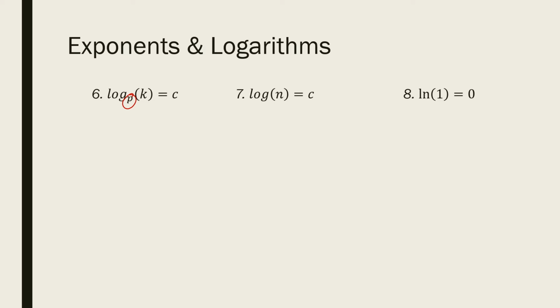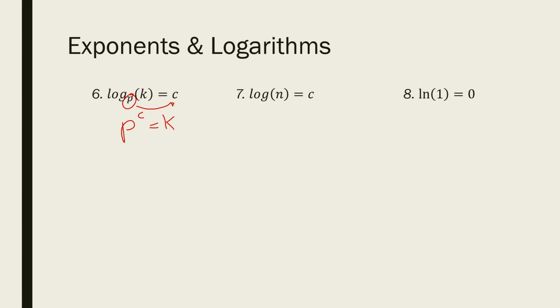Here we have log base p of k equals c. Start with the p. What you want to know here is p to the c power equals k. The base stays the same. Everything else switches.